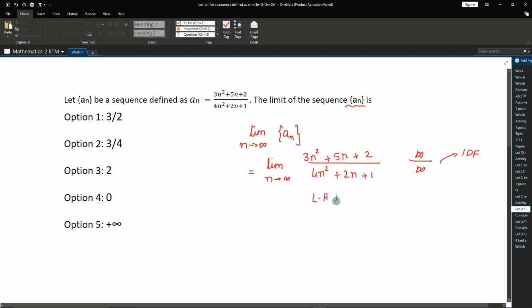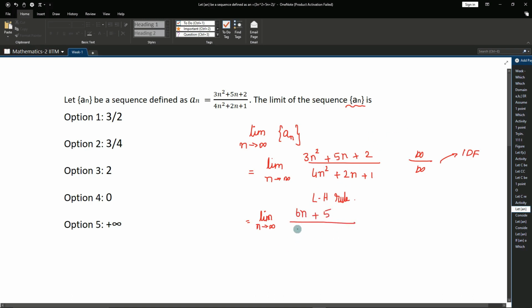If we get an infinity by infinity form, we can independently differentiate the numerator and denominator with respect to the given variable. Since this is a function of a single variable, we can easily differentiate. The derivative of the numerator is 3 times 2, which is 6n plus 5; the constant is cancelled out.